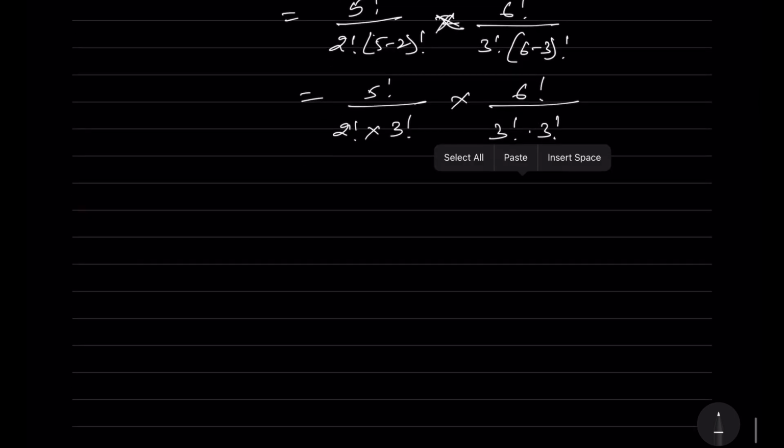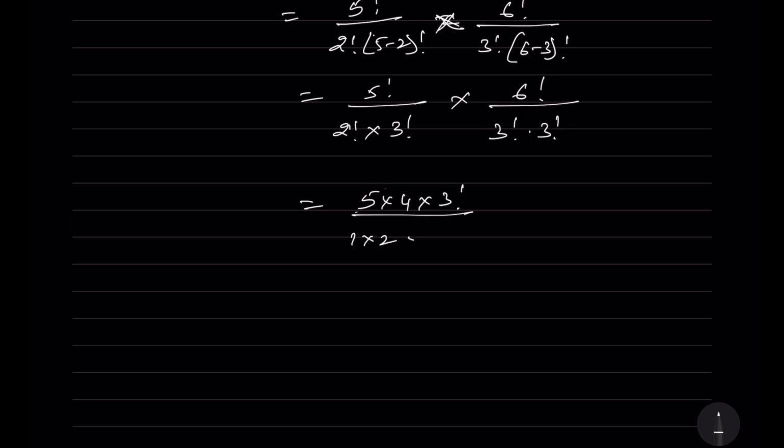So which is equal to 5 factorial by 1 into 2. Here you will get 5 into 4 into 3 factorial divided by 1 into 2, into 6 into 5 into 4 into 3 factorial divided by 1 into 2 into 3 into 3 factorial. So 3 factorial will get cancelled.